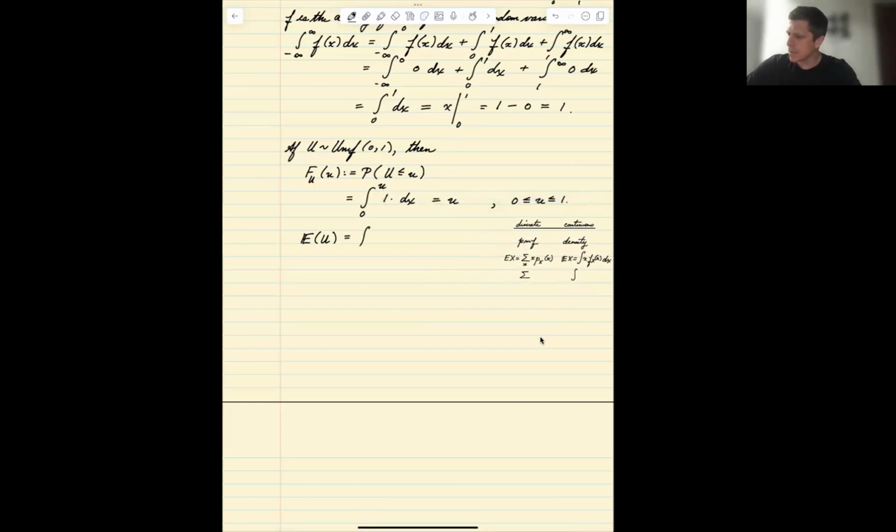So in the case of taking the expectation of U, the density is 1, non-zero from 0 to 1, so the possible values of U are between 0 and 1. It's the integral of u times the density, which is just 1, so it's the integral of u du.